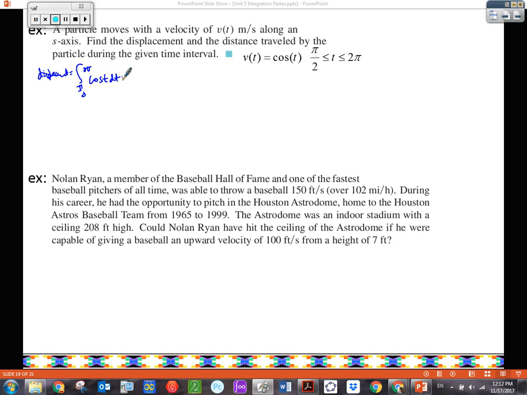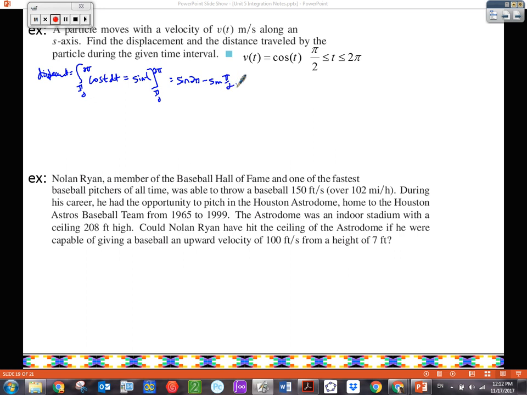The antiderivative of cosine: if we took the derivative of something and got a positive cosine, it would be a sine. So this is sine t evaluated from pi over 2 to 2 pi. Let's do f of b minus f of a, the fundamental theorem: sine of 2 pi minus sine of pi over 2.